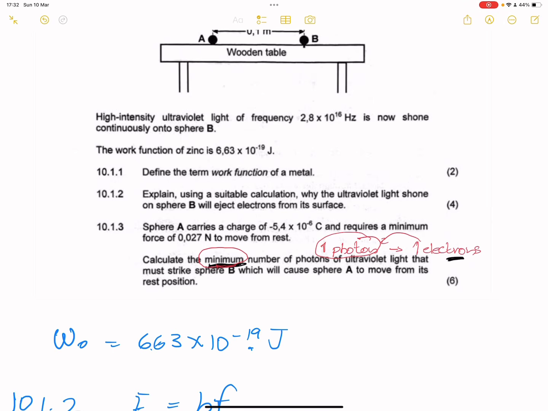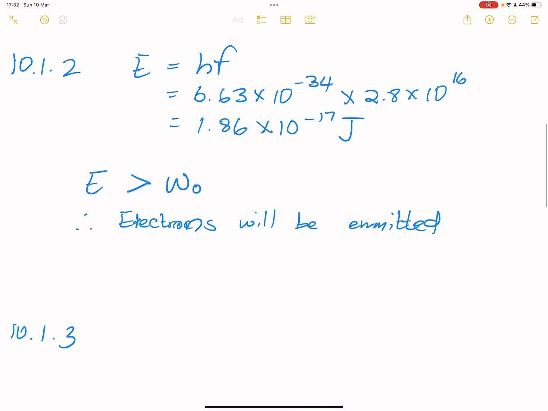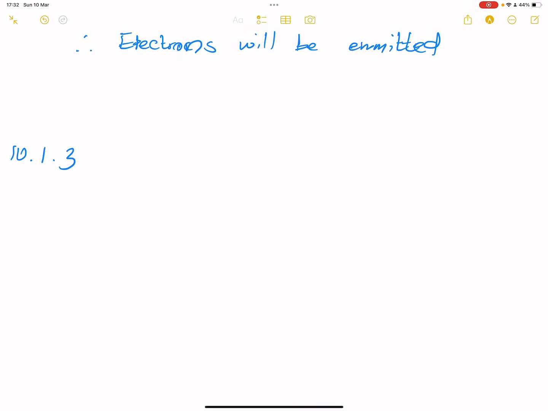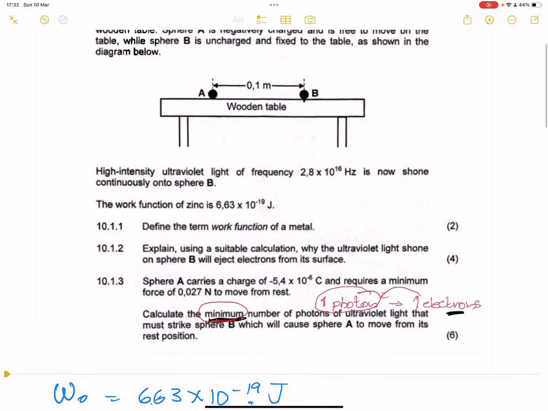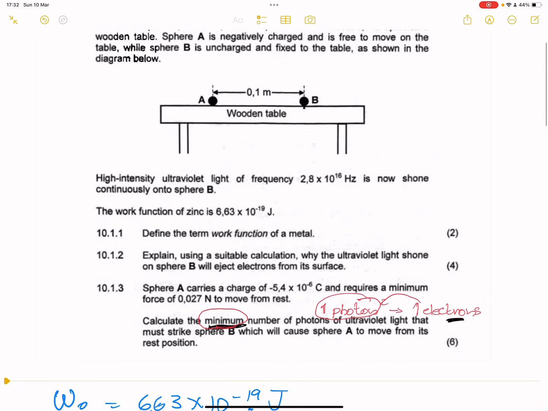So we've got the force, we're given the charge. So let's do this. We know from electrostatics, Coulomb's law, that F is equal to k Q of A, Q of B, divided by r squared. So this is 0.027, and k is 9 times 10 exponent 9. Now remember, the charge of A, which one was given?